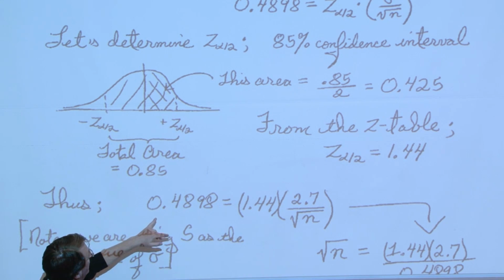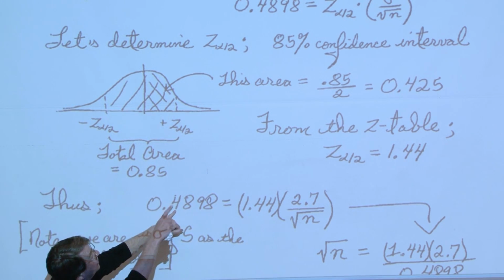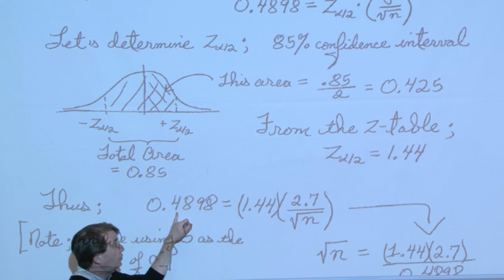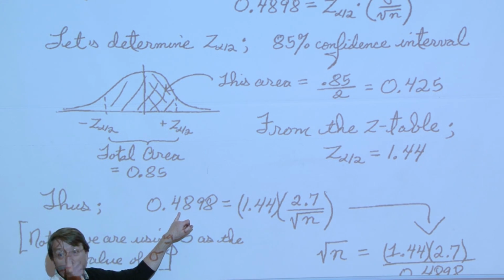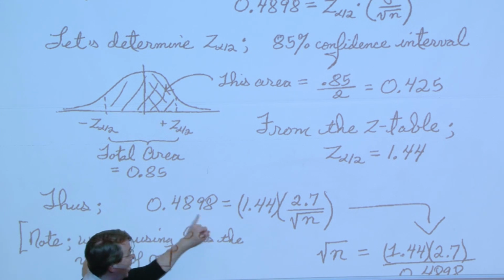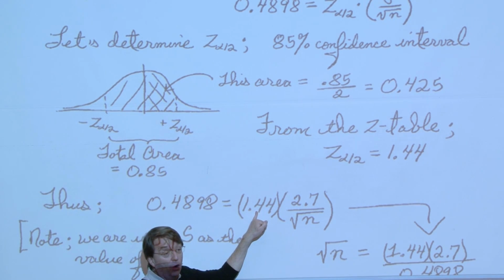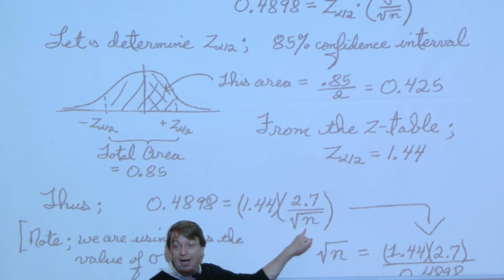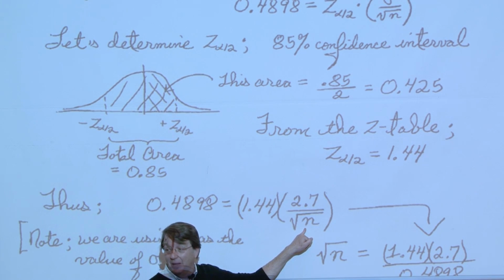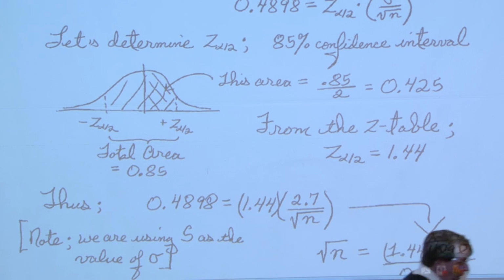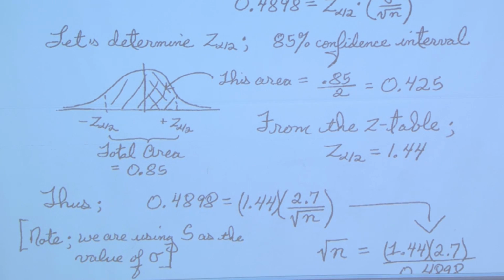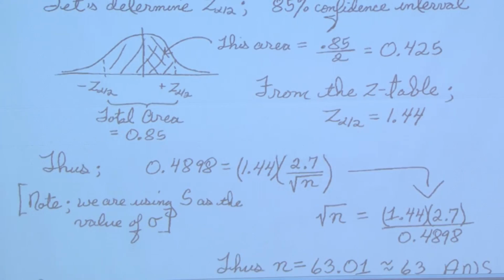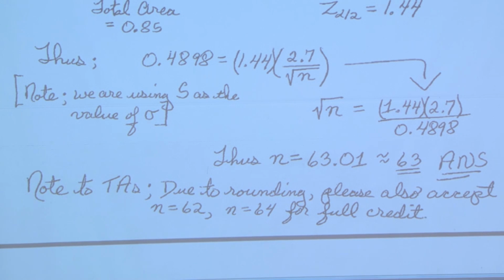This is the 0.4898 upper right-hand screen. That was the value of Z sub alpha over 2 times sigma over the square root of n. I just found out Z alpha over 2. I was given sigma. We're home free. I now figure out n by solving this. And what we get is an n of around 63.